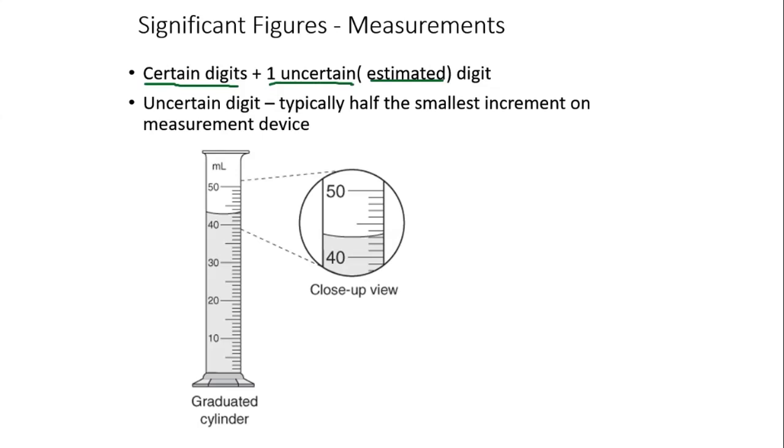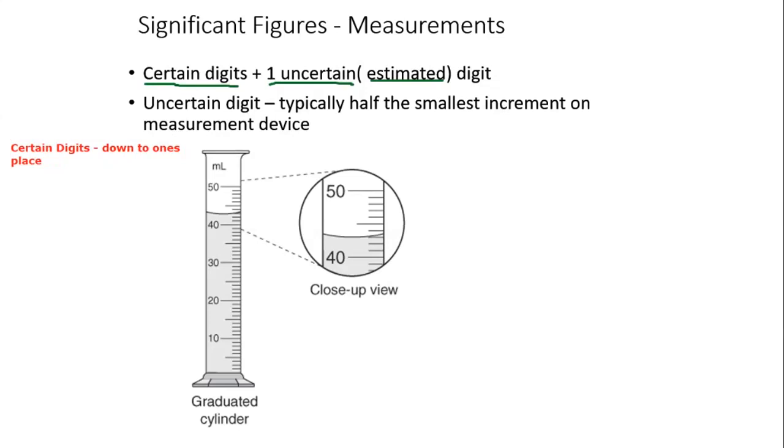So for this graduated cylinder, the certain digits would go to the 1's place. The 1's place, we know for certain what the volume is because it's the smallest tick mark.